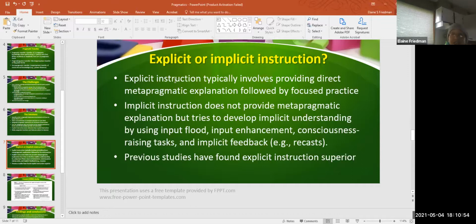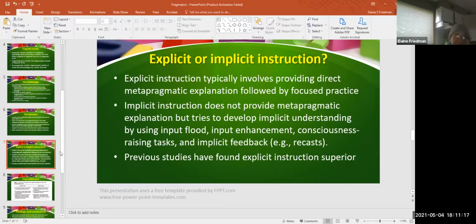Implicit instruction does not provide metapragmatic explanation, but tries to develop implicit understanding by using techniques that don't explain it, but just giving a lot of examples, using a certain word a lot in class.